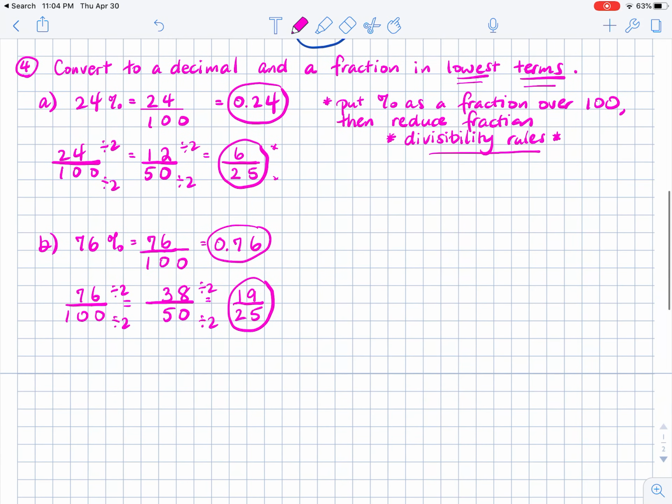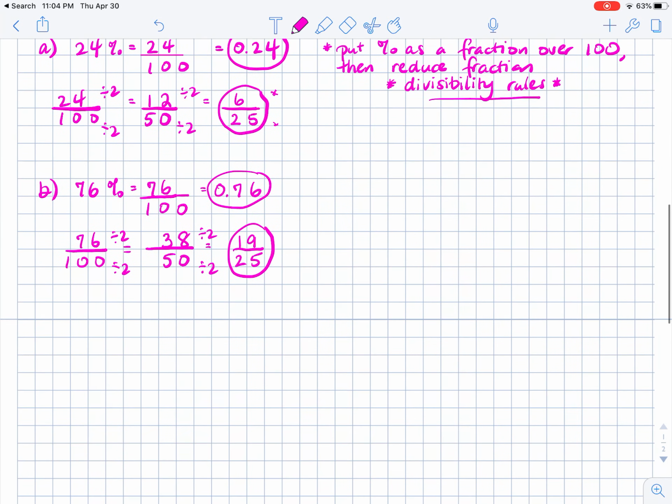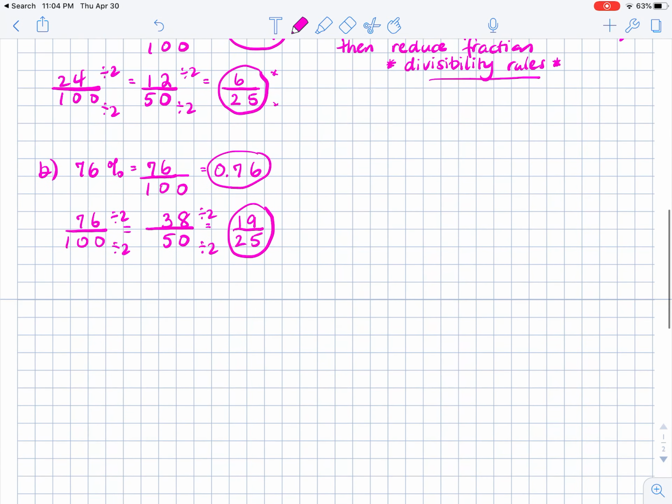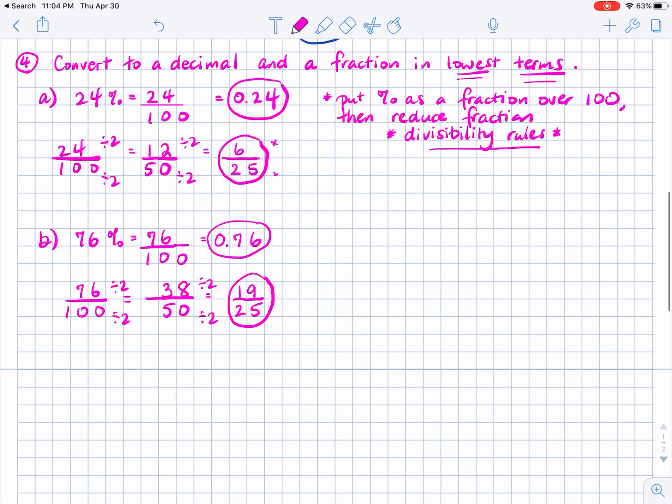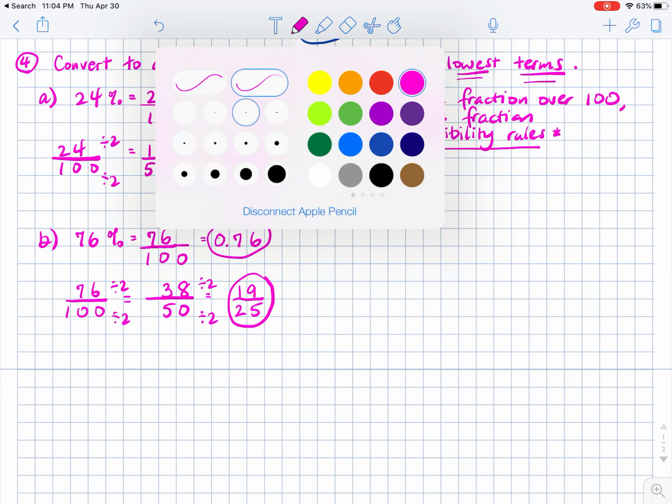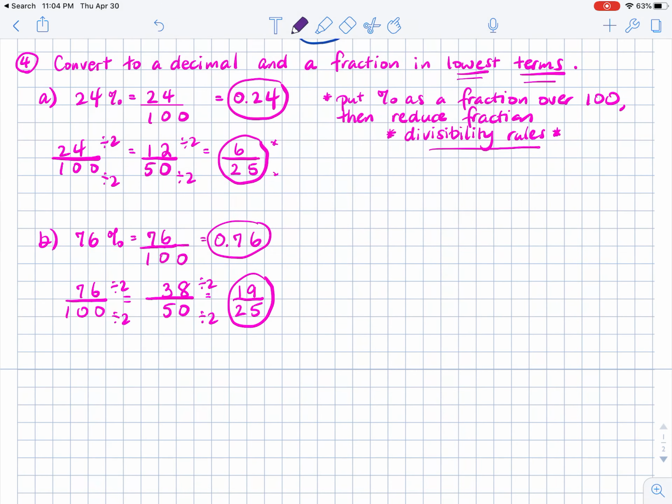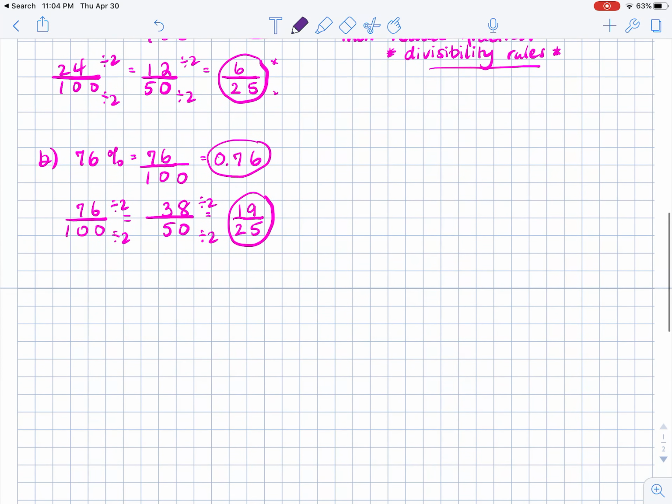Also, one other thing that you could come across is something like this. Okay, I'll give you one more example here. Okay, let's do dark purple. Okay, so number 5.